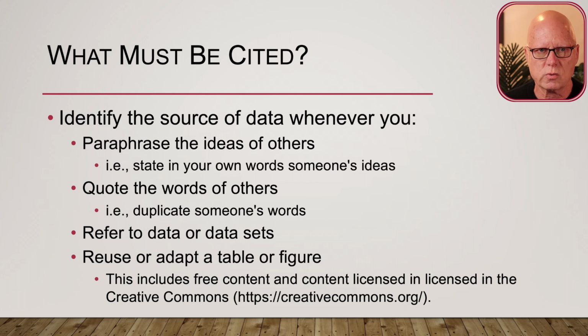You must also include a citation if you quote another person, in other words, when you duplicate someone's words. You must include a citation when you refer to data or to data sets, as frequently occurs in statistical analysis courses.